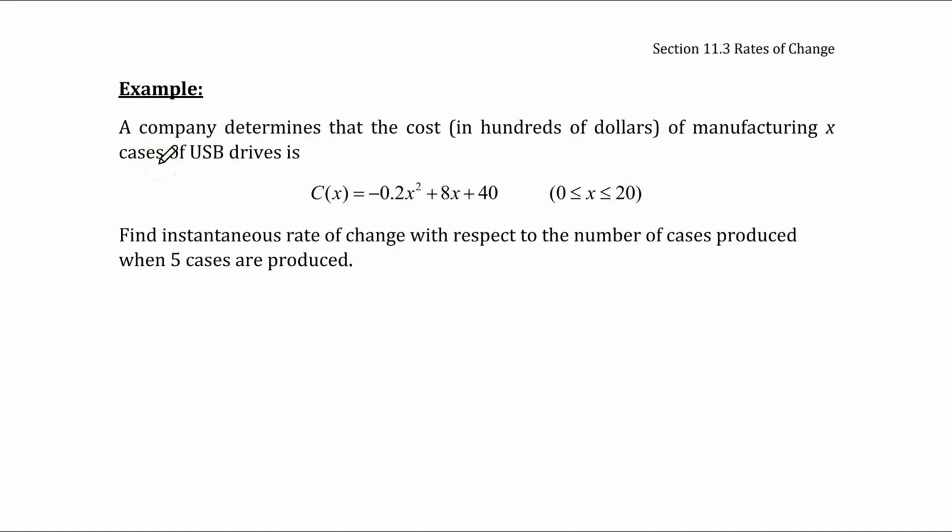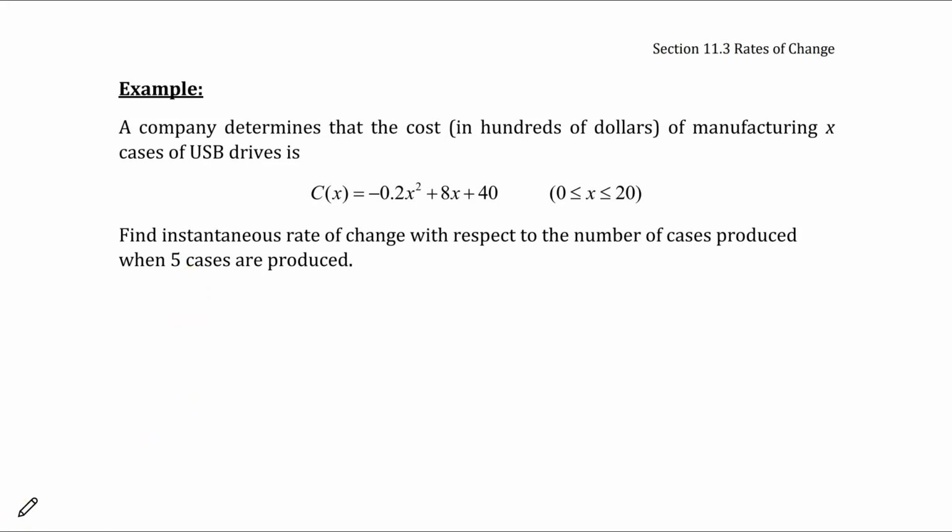Next question. A company determines that the cost in hundreds of dollars of manufacturing X cases of USB drives is given by this equation here, where X is between 0 and 20. Find the instantaneous rate of change with respect to the number of cases produced when 5 cases are produced.